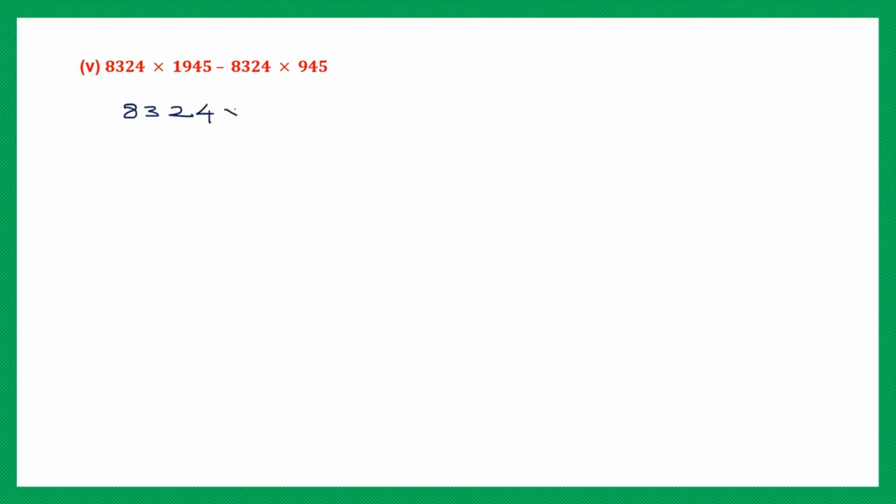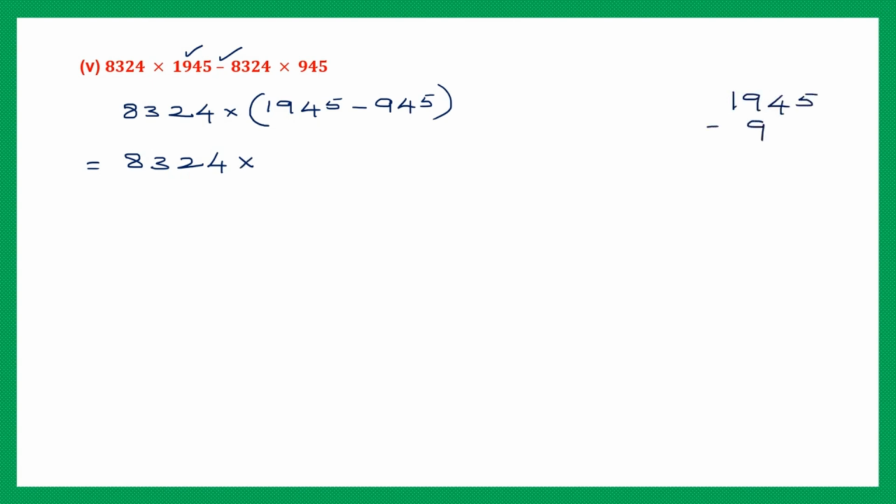8,324 into, now let's take the other two numbers and put them within brackets. That is 1,945 and the operation is subtraction. The other number is 945. So this will be 8,324 into, now let's subtract these two numbers, 1,945 minus 945.